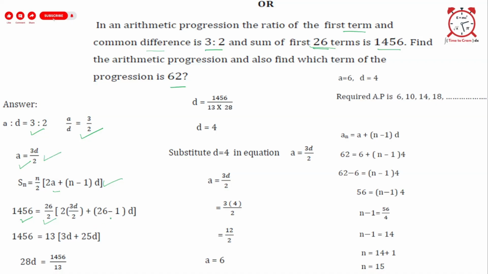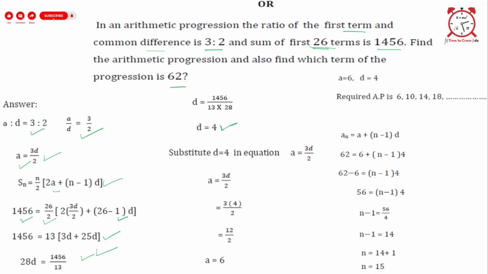Then we get the equation in terms of d only. After simplifying we get 28d equal to 1456 divided by 30. In that way we get d equal to 4.